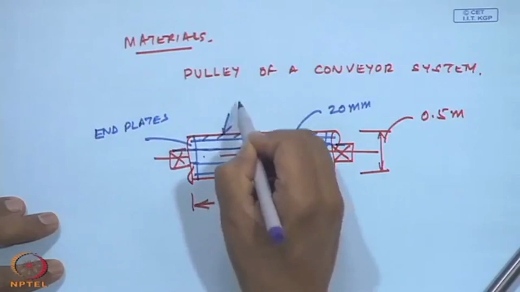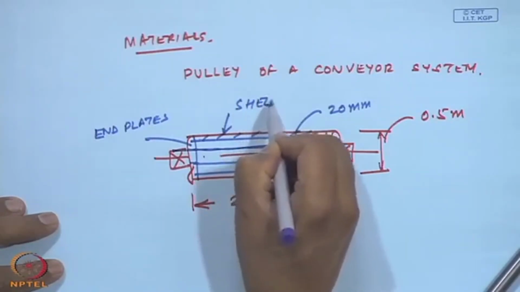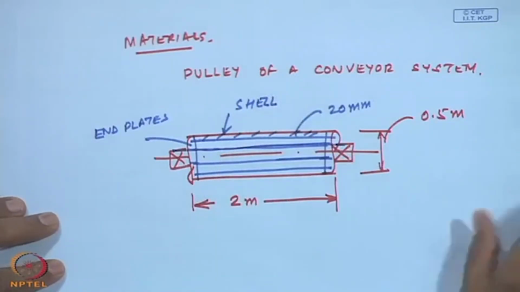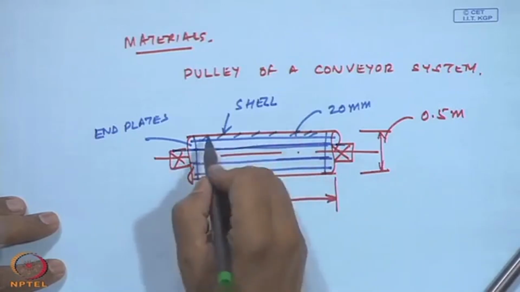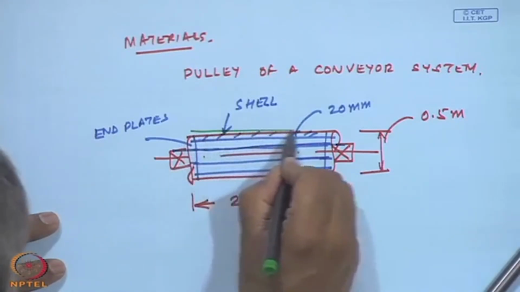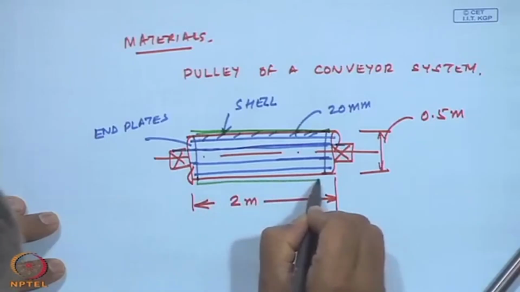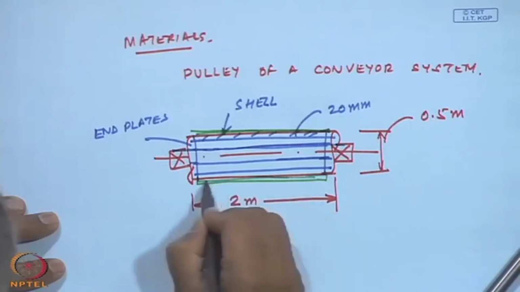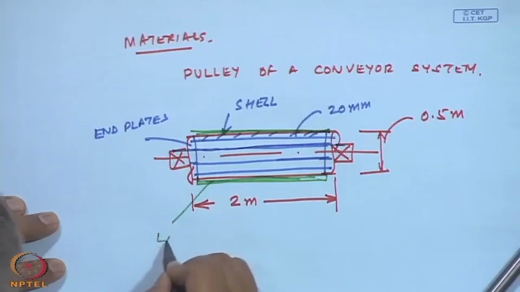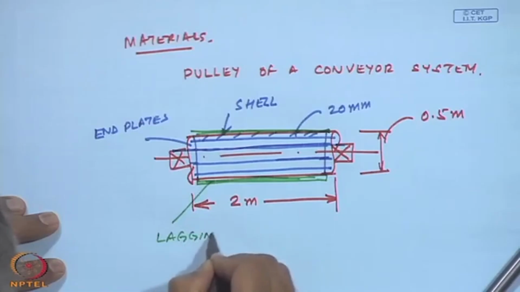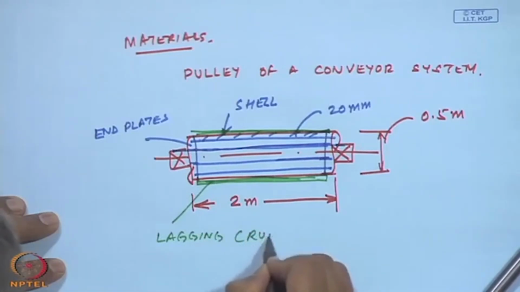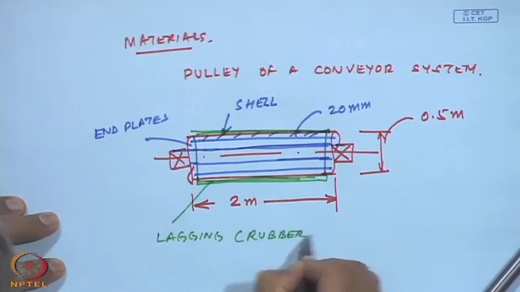This is the shell. Usually on this shell they put a rubber material to protect the shell. This is known as the lagging, rubber material.